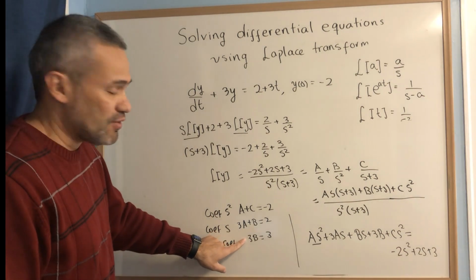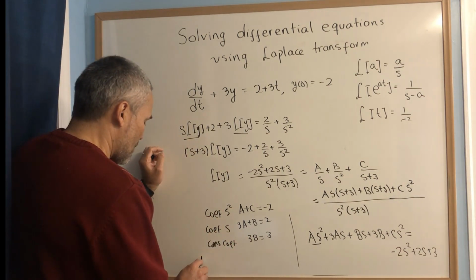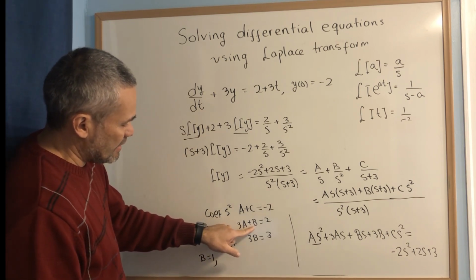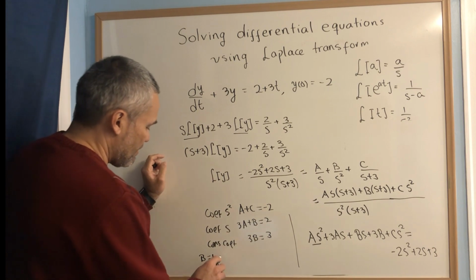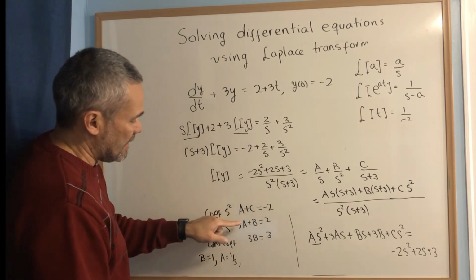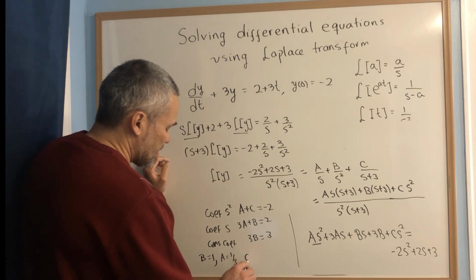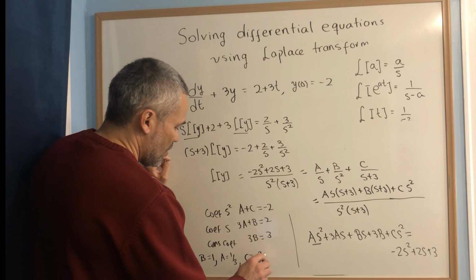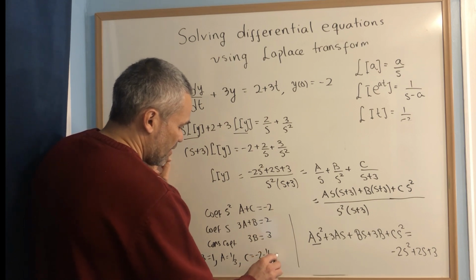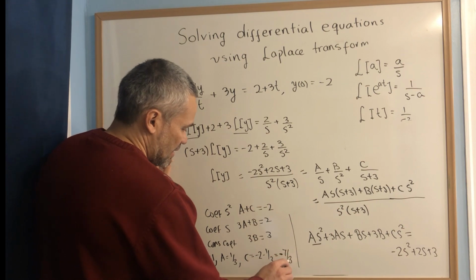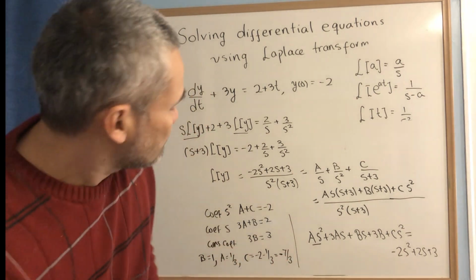We can solve this first. We have that b is equal to 1. Once we know that b is equal to 1, then we get that a is 1/3. And once we know that a is 1/3, we get that c is negative 2 minus 1/3, and this is negative 7/3.